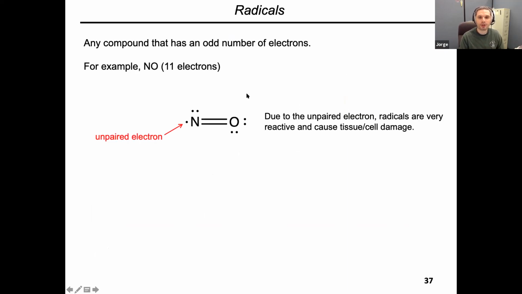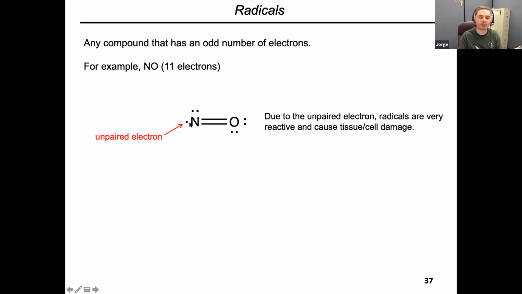Okay, and to finish up really quick here, let me talk about radicals. Radicals are any compound with an odd number of electrons. Classic example here is NO, which has 11 electrons. So 11 electrons will result in an unpaired electron.